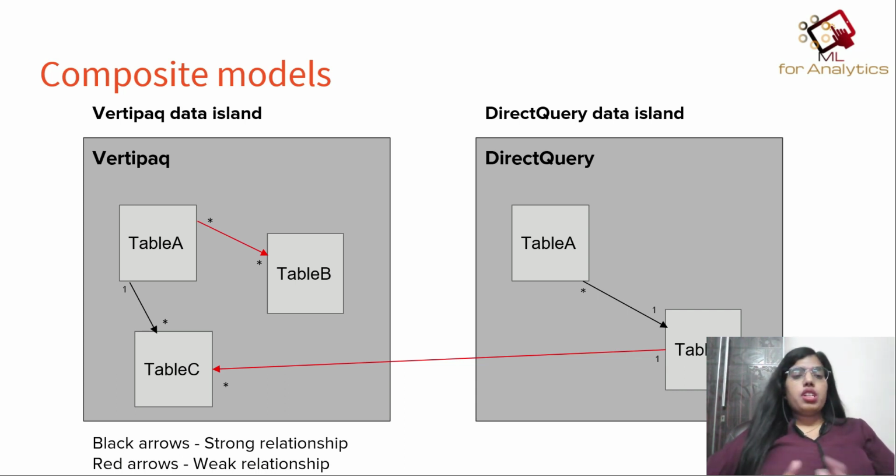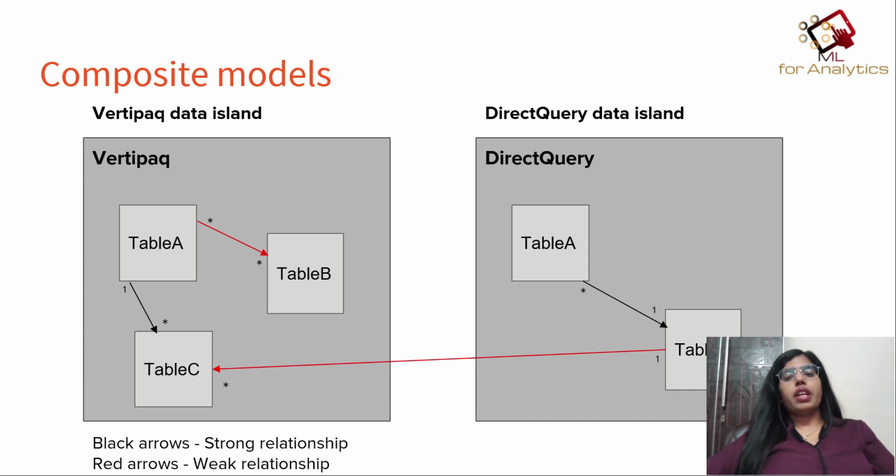In the VertiPaq data island, table A and table B are related to each other by means of a many-to-many relationship. Table A and table C are related by means of a one-to-many relationship, with table A being on the one side and table C being on the many side.